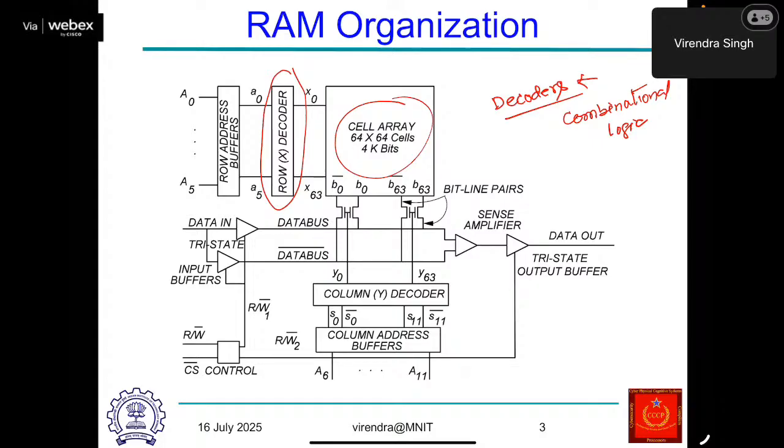Now, if there is something wrong with the decoder, what can happen? If everything is okay, and my address is ij, it will excite the ith row and jth column, and the cell sitting over here would be excited, and I can read or write that particular cell. I will read only that particular cell.